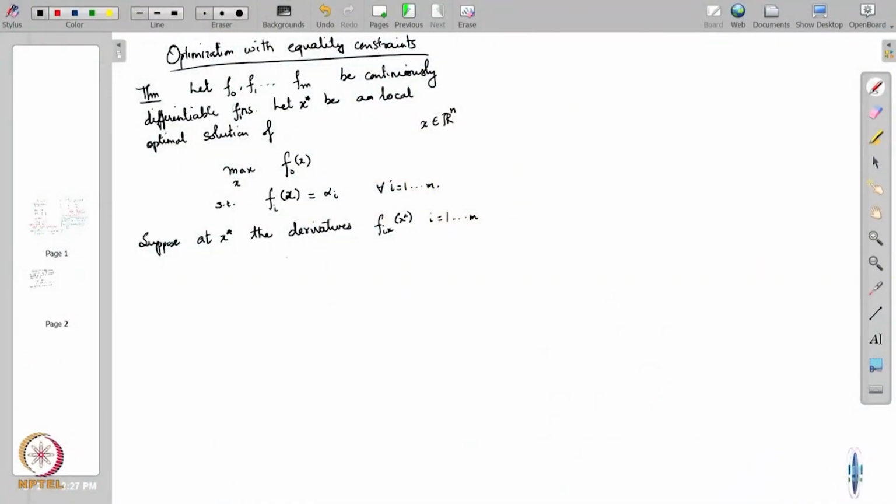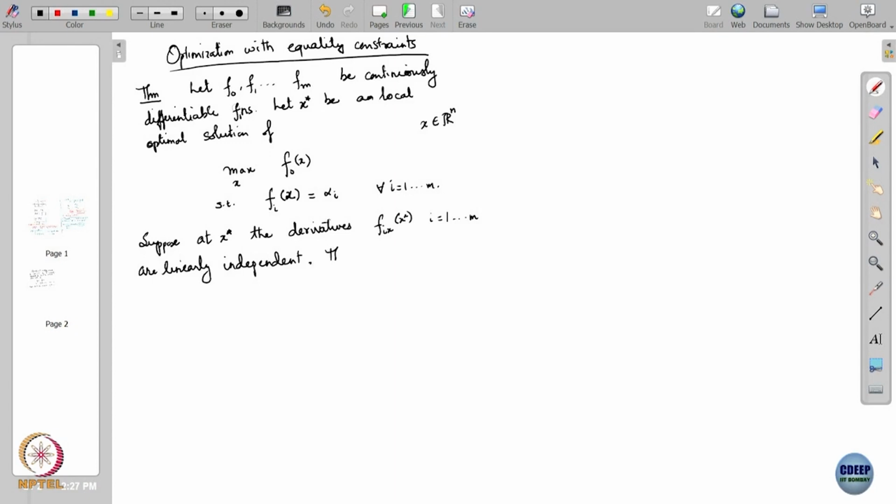Suppose that these derivatives, the m of these vectors evaluated at x star, are linearly independent. Okay.